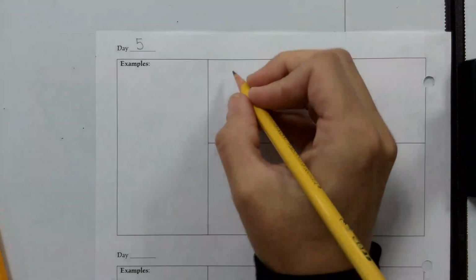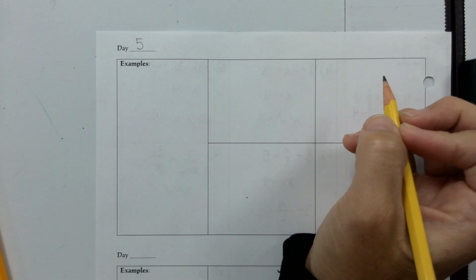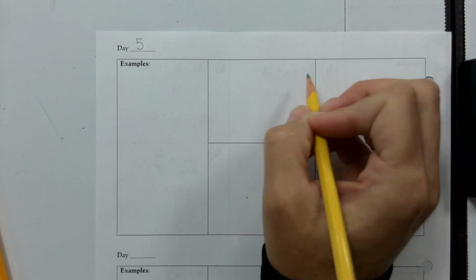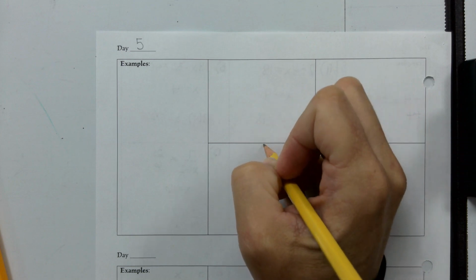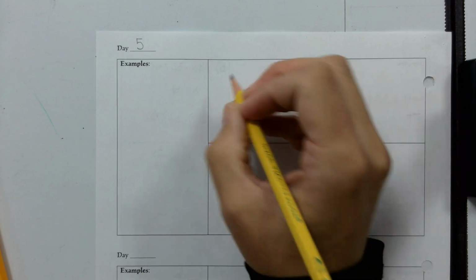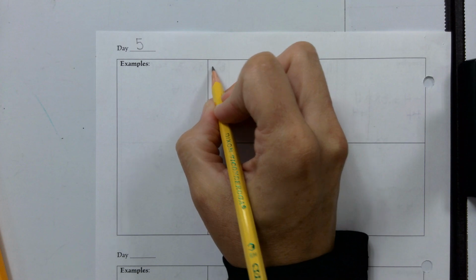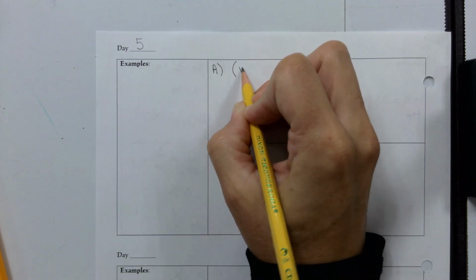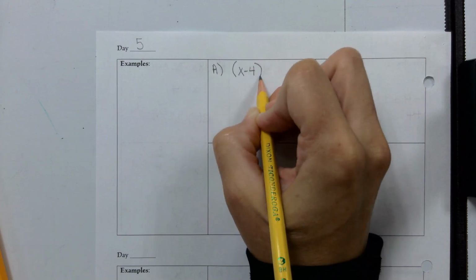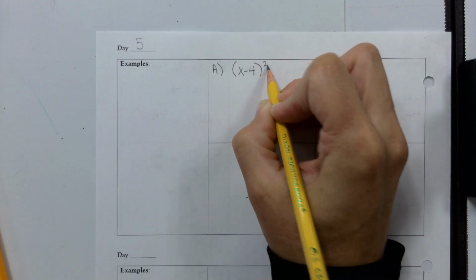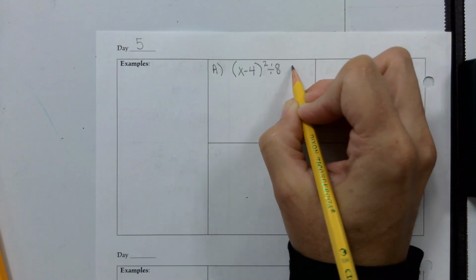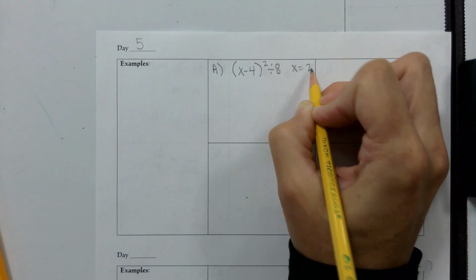Okay, so the two problems that we're working with, there's only two. So I'll write them A and B, but if you mess up, you can kind of come down here when I go through them and you can do them again. Okay, so A is (x minus 4) squared divided by 8. And I want you to evaluate that if x equals 2.